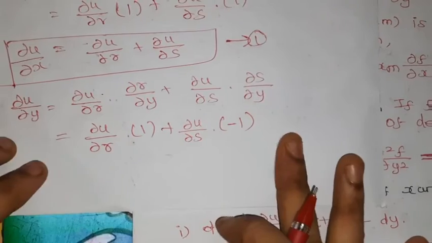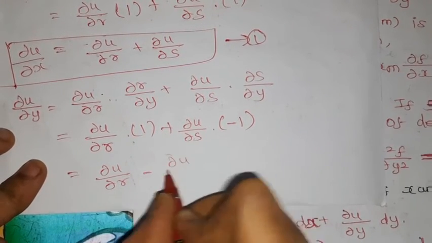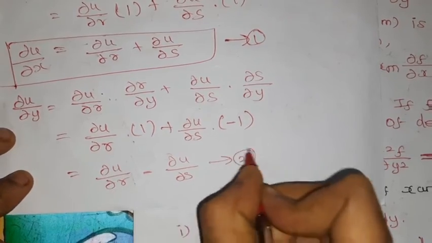So, how can we write? ∂u/∂r minus ∂u/∂s equal to equation number 2.